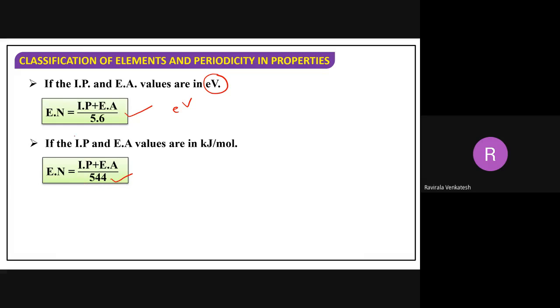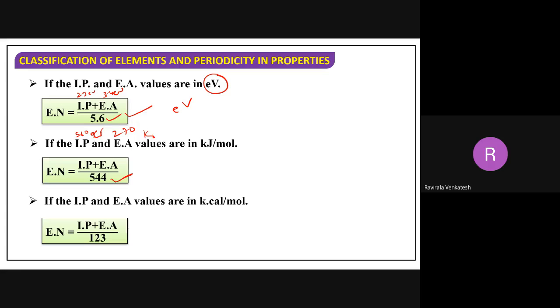If the IP values are given like 560 and 270, then you take 544 here, because it is in kilojoules. If they are given in electrovolts, like 2.3 eV or 3.4 eV, you have to take 5.6 as the denominator. These are the formulas.